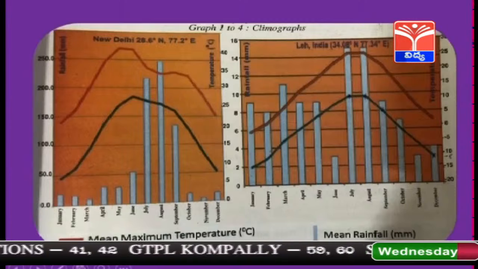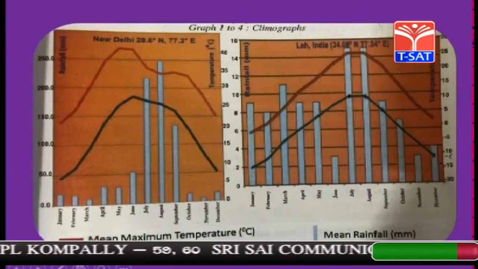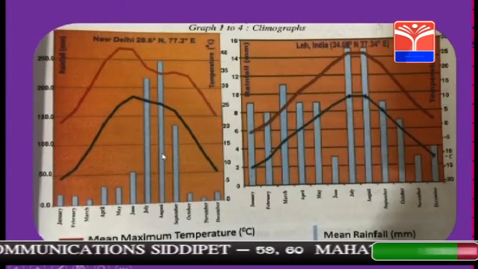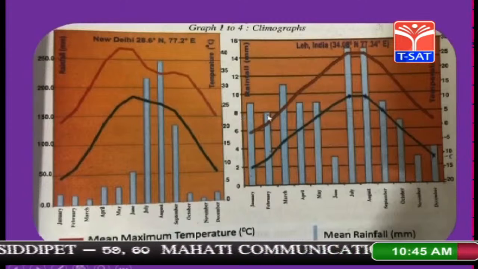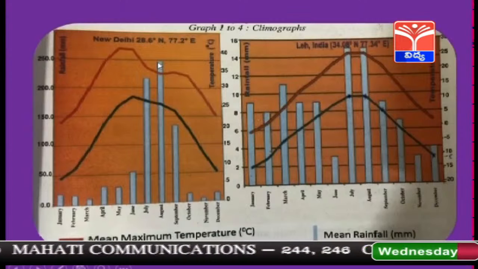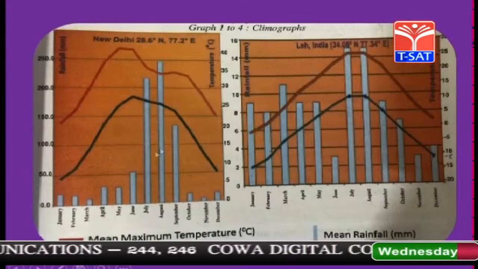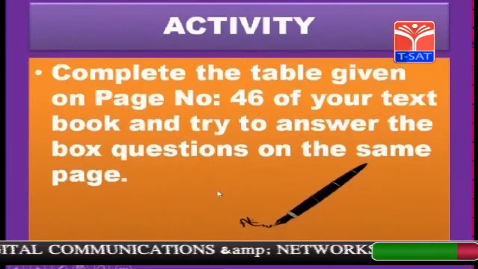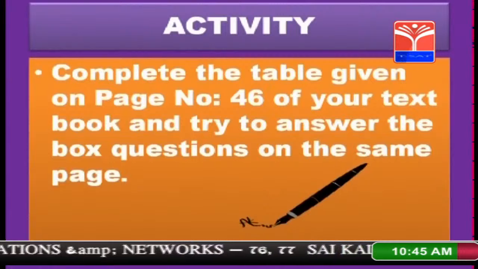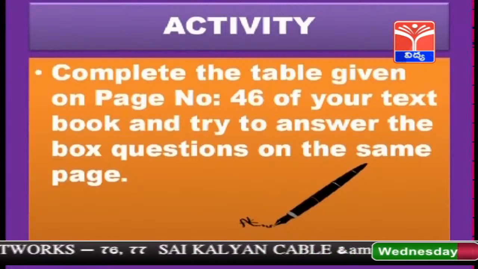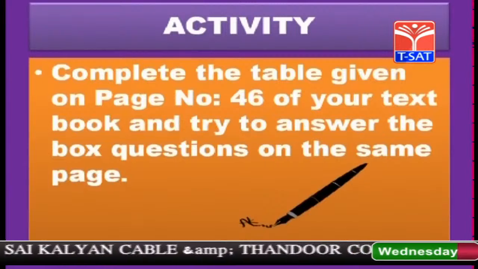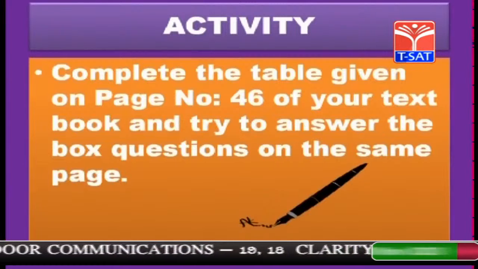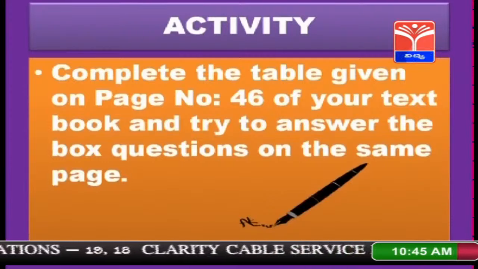The temperature is measured in degrees Celsius, and these two graphs are showing a comparison between two places in the same country, like New Delhi and Leh. So, based on the graph, you need to complete the following assignment. Can you do this activity? Complete the table given on page number 46 of your textbook and try to answer the box questions on the same page. Isn't it interesting?